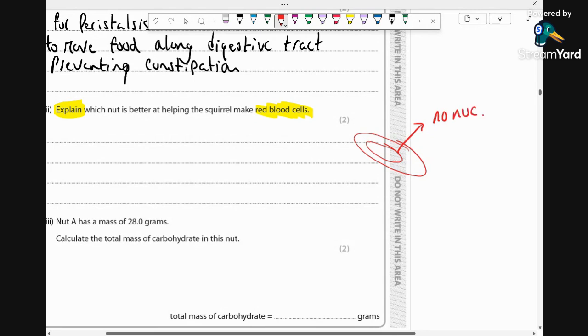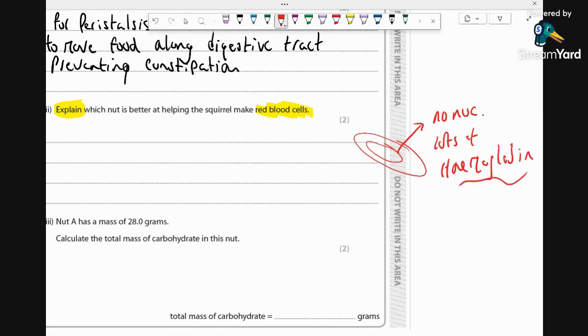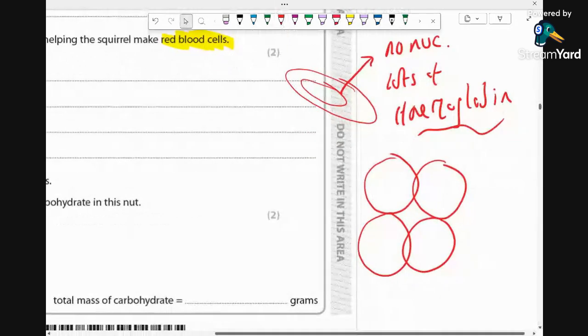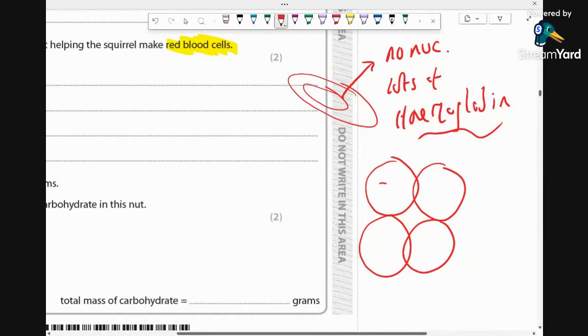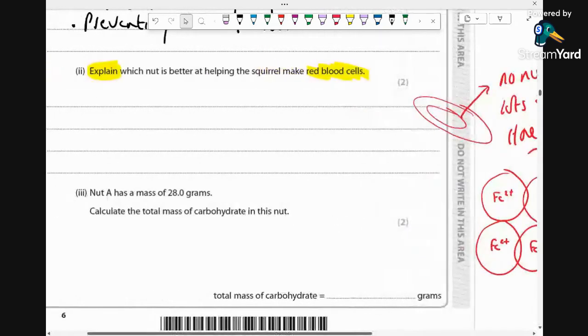They contain lots of hemoglobin. Okay, and hemoglobin is essentially a tetramer. So there's 4 protein subunits, and at the center of each, you have an iron ion, Fe2+, contained within a group called heme.